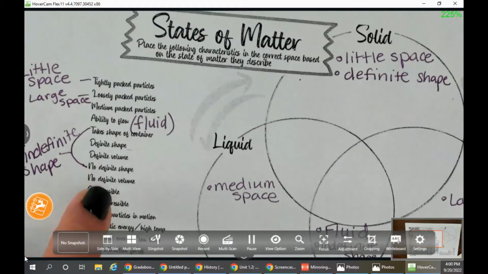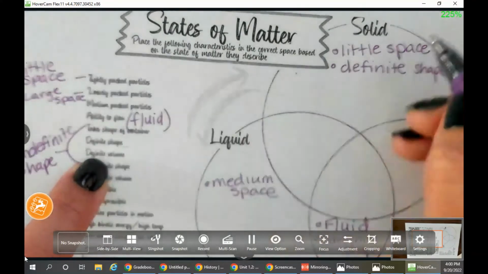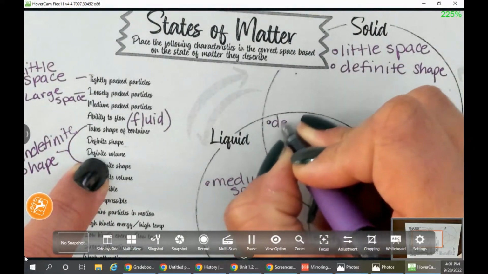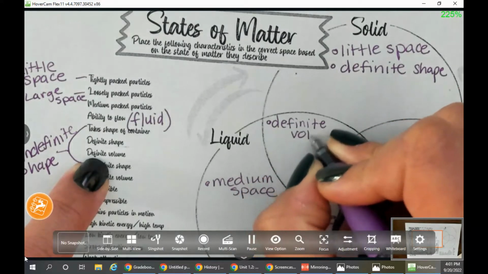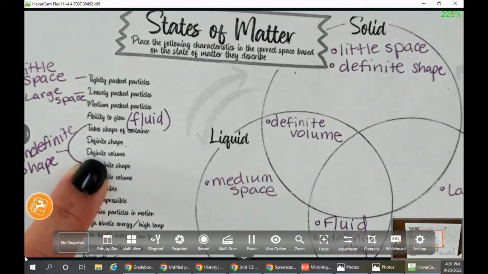Good. Definite volume. Liquid and solid. I agree. Liquid and solid. They keep their volume. Okay? So I'm going to say definite. So in that in-between spot, you're going to say definite volume. Or fixed volume. Okay?